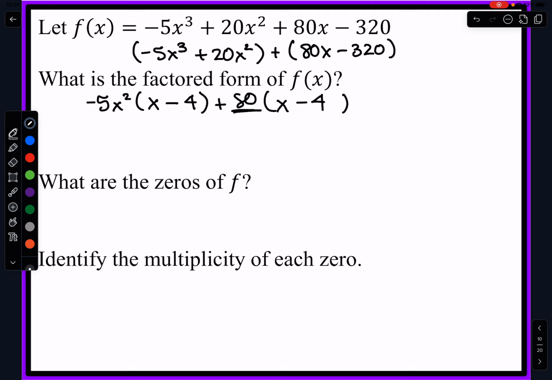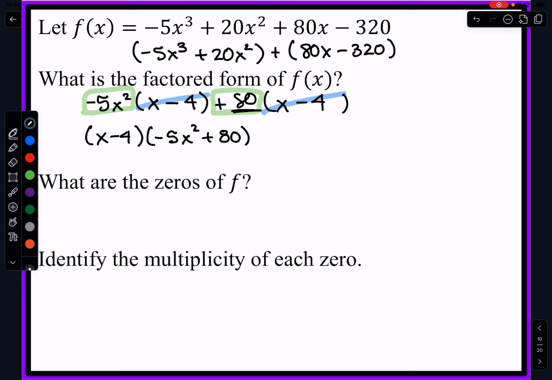Now, as you'll notice, since these two terms are in fact the same, I can factor this out, and I could take that out of both of these. So if I factor out x minus 4 and ignore it, notice the only thing that's going to be left is this term and that term there. So we have negative 5x squared plus 80.